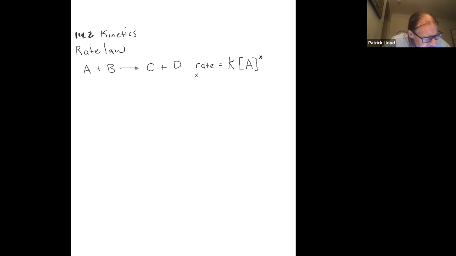So x is maybe 0 or 1 or 2, but again, it could be a fraction as well. Multiplied by the concentration of the second reactant, B, again to some value, usually 0, 1, or 2.